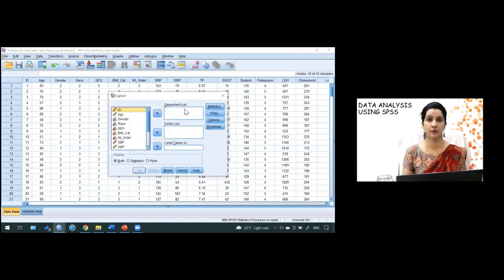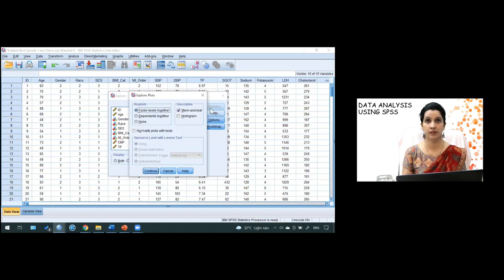Here you will see three boxes: dependent list, factor and so on. There is only a single variable, so I'll move that variable, SBP, to the dependent list. Here I'm interested in plots, because it is the plot which is important. Upon clicking plots, uncheck this and check normality plots with tests.